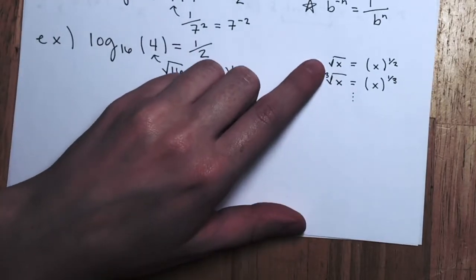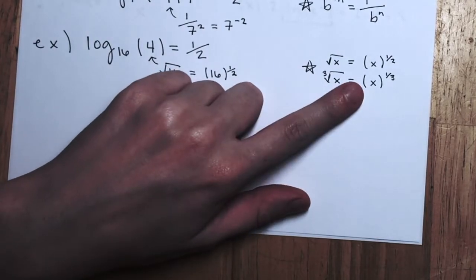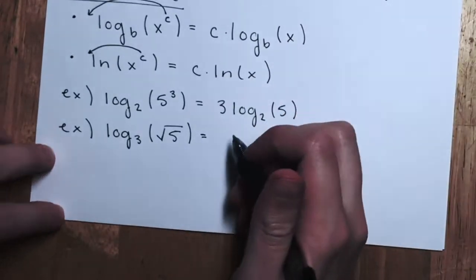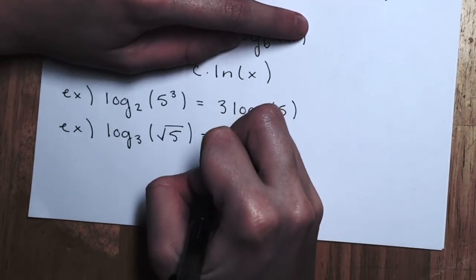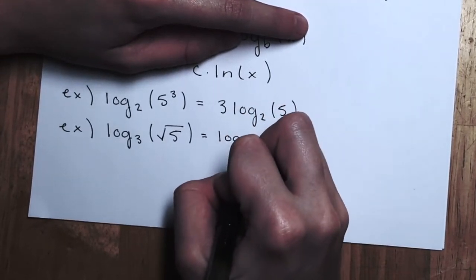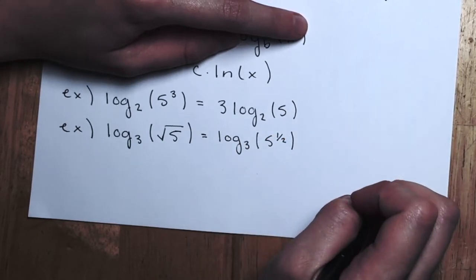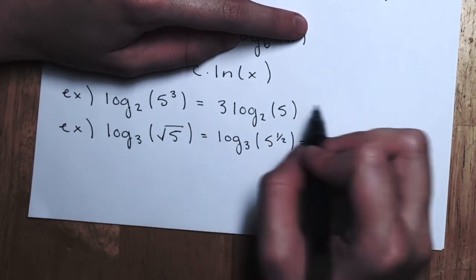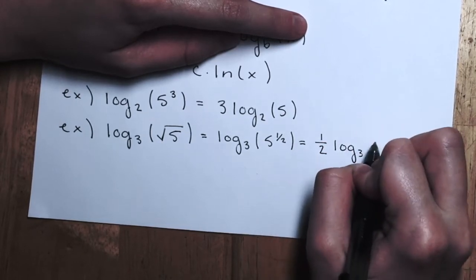Remember, the square root of x is equal to x to the 1/2. Cube root of x is equal to x to the 1/3. So here we have log base 3 of 5 to the 1/2. Now that we have a power, we can bring that out front. So we end up with 1/2 log base 3 of 5.